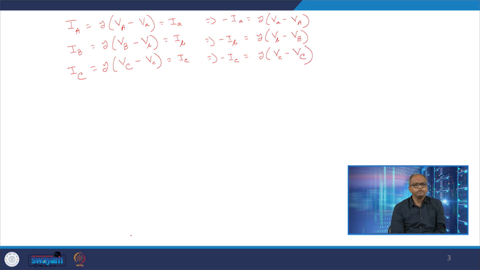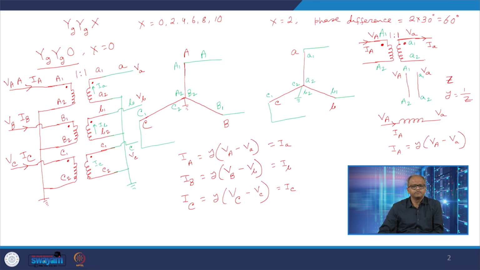Right, now why are we doing it? Because if you remember, in the last lecture we said that for the sake of ease of modeling, or rather for the sake of incorporating the transformer model into the overall model of any large three phase transmission or distribution network, we need the model such that all the currents of the transformers are entering into the transformer.